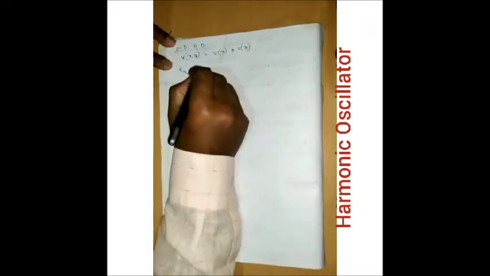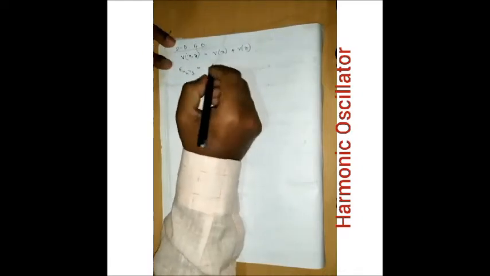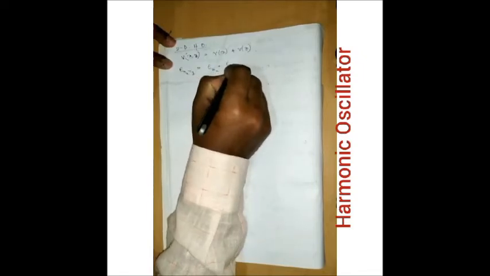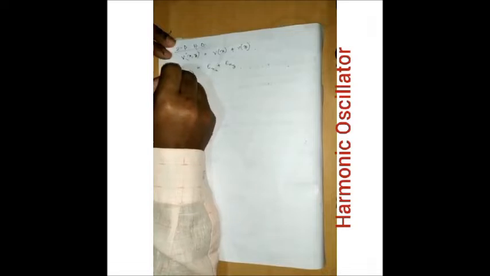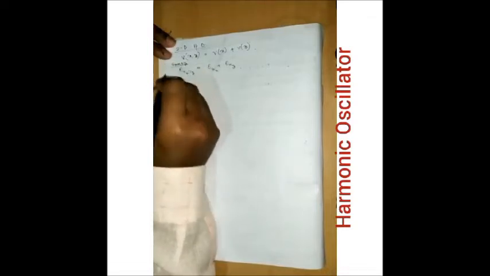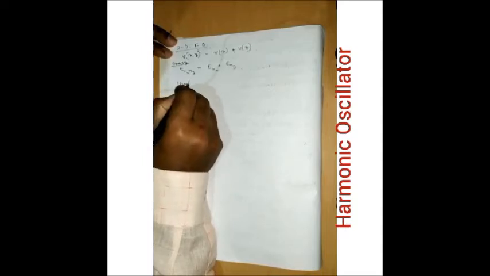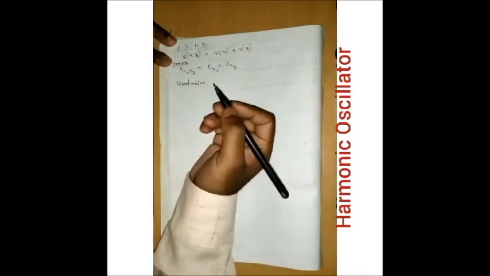If the potentials are additive, then the total energy will also be additive, so Enx plus Eny. And the eigenfunction, or wave function, is multiplicative.